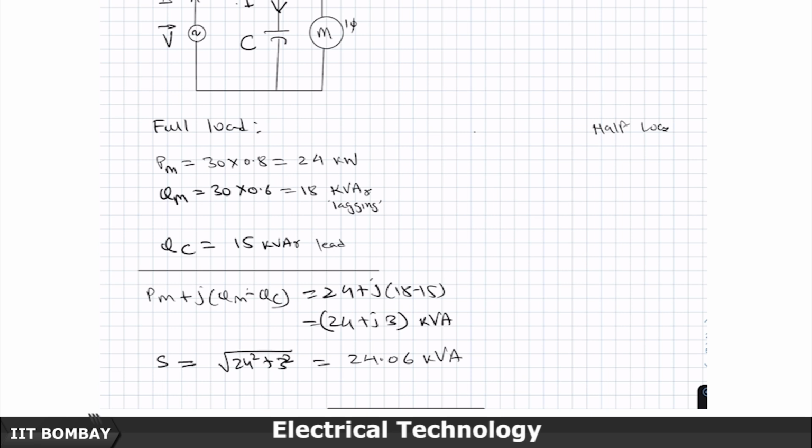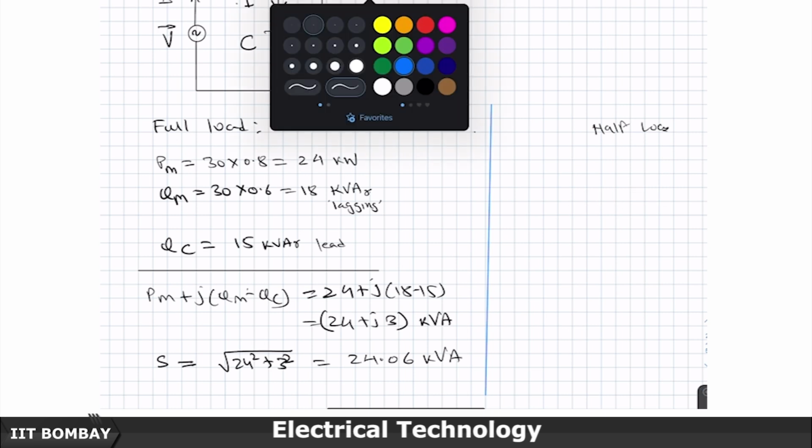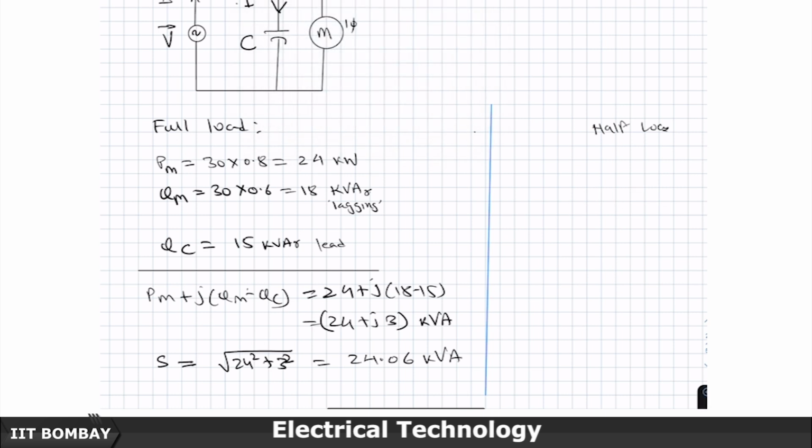Let me draw a separator here. So, how much will be Pm at half load? The way it is written, it appears that 15 will become the kVA at half load, 30 is the kVA at full load.